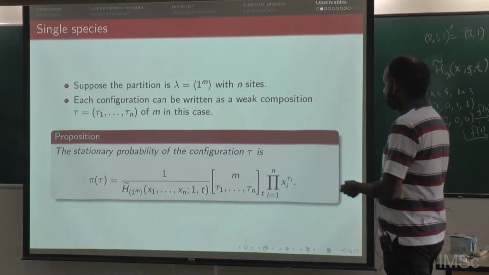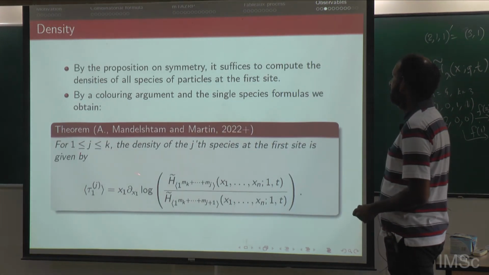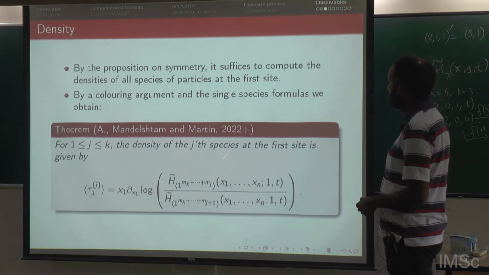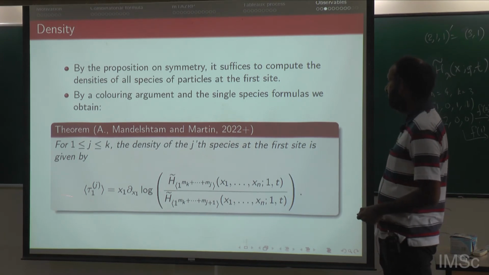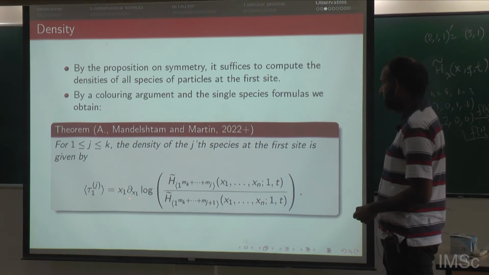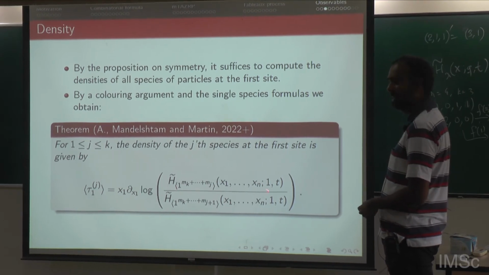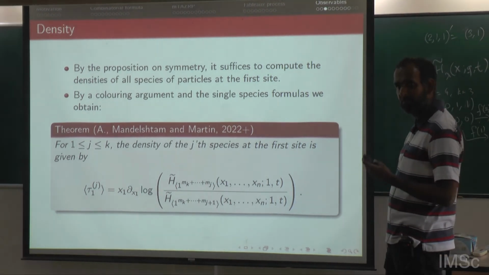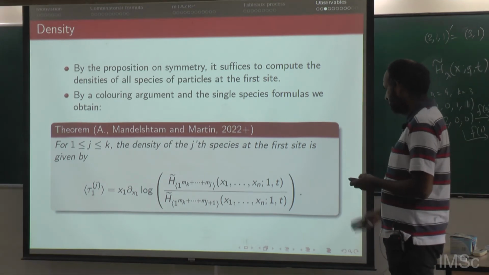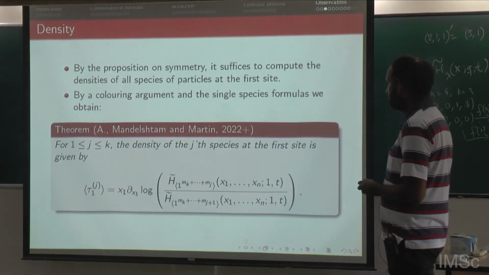Using this, we can show that the density of the jth species of particle at the first site is given by x1 times d by dx1 of the log of the ratio of 2h tildes. Okay, so it's a very clean formula. It's very easy to prove.